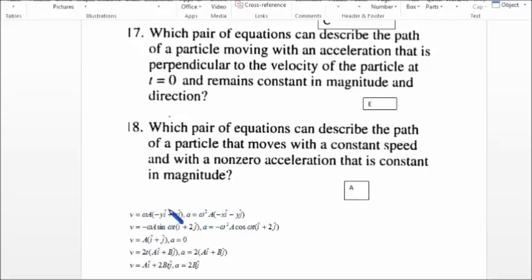The other thing is xj dot i is 0. And j dot j is 1, so this is minus xy, and the first one was plus xy. So it is 0. The dot product of the velocity vector and the acceleration vector is 0, so it is verified that the acceleration is perpendicular to velocity. So for the 18th problem, the answer is A.